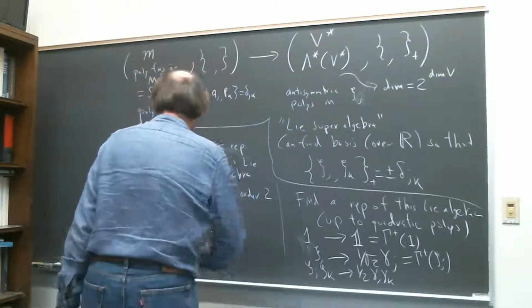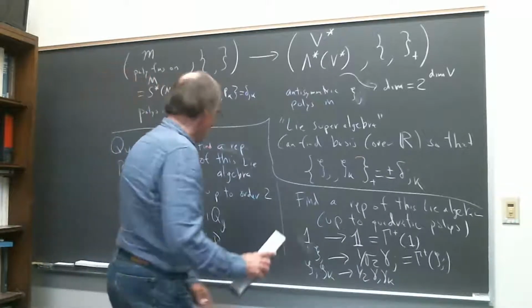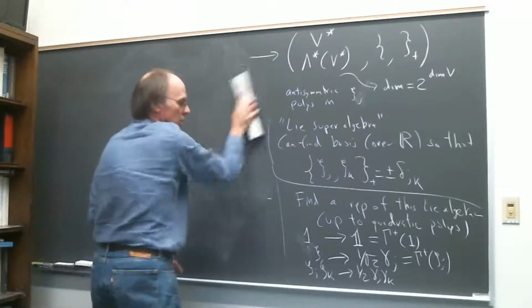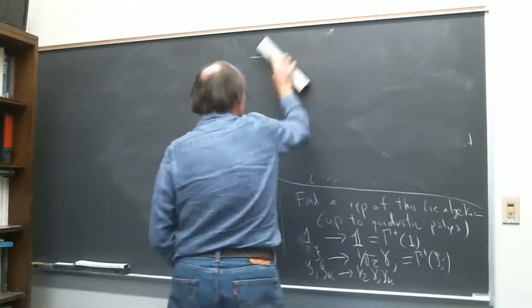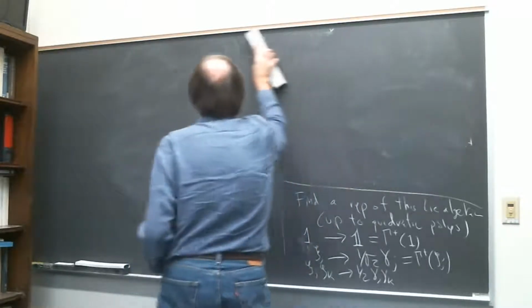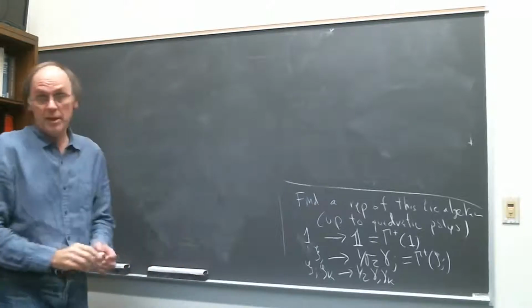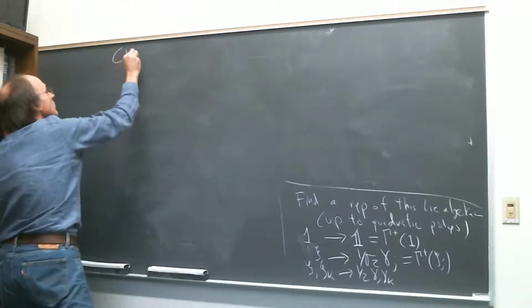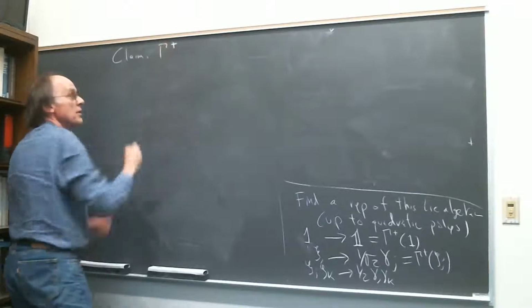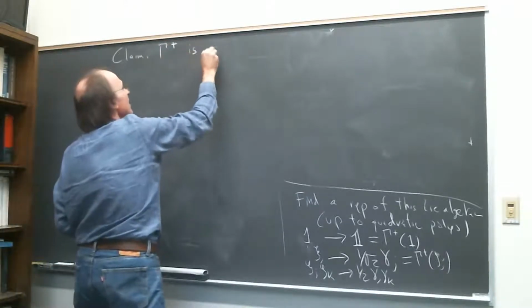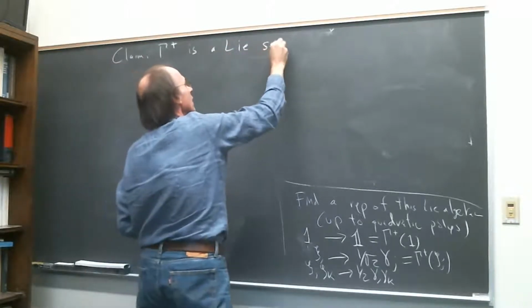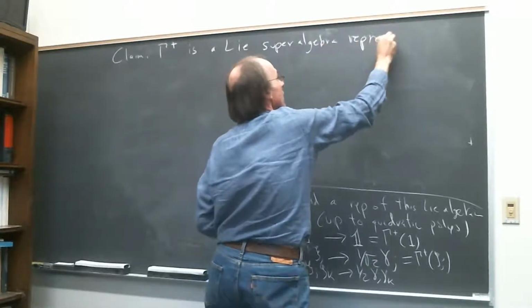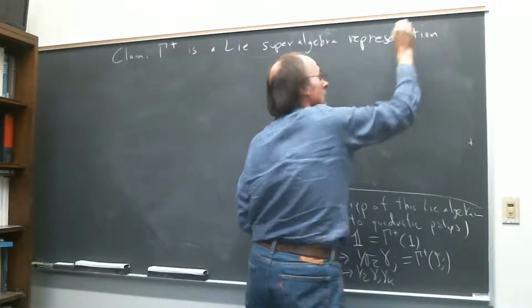Okay, so the claim that you have to check is that gamma plus is a Lie superalgebra representation.